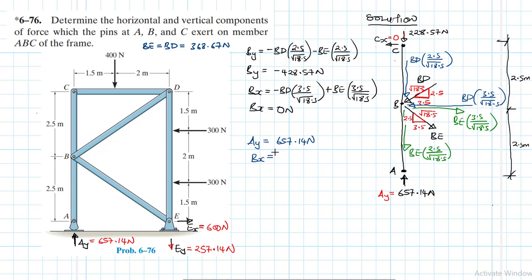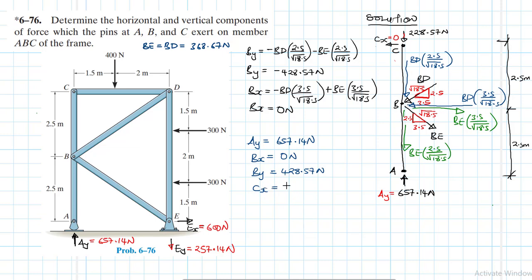So Bx is equal to 0 newtons, and By is equal to 428.57 newtons.